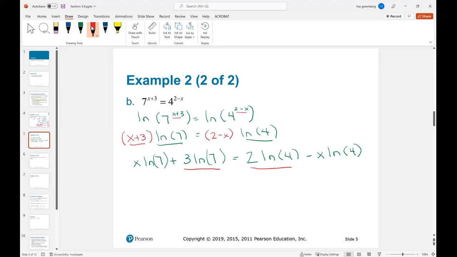So the next thing I'm going to do is get all the, what do we normally do? We'd get all the x's on one side because I want to solve for x, and everything else on the other side. So I'm going to add this x ln of 4 to both sides.